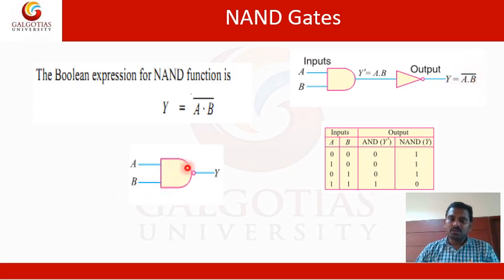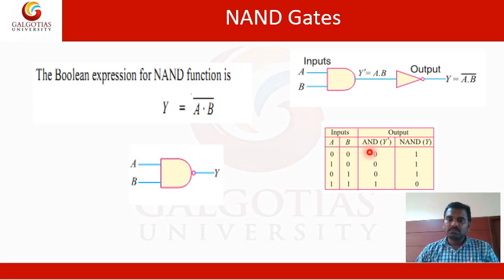And the corresponding symbol of the NAND gate, as we have discussed, is that we first use an AND gate and then a small bubble. This symbol is for the NAND gate. And here is the truth table for the NAND gate.